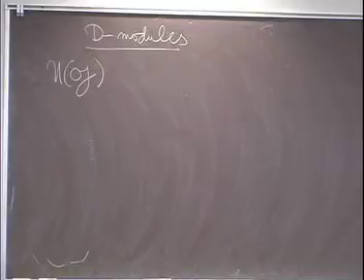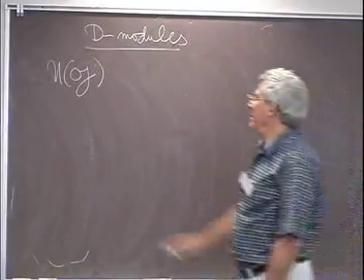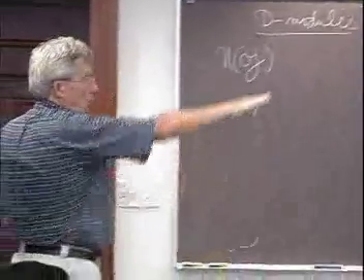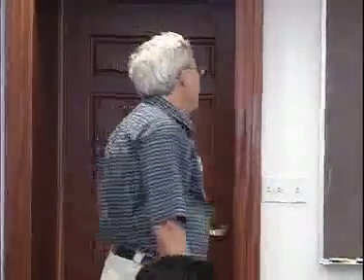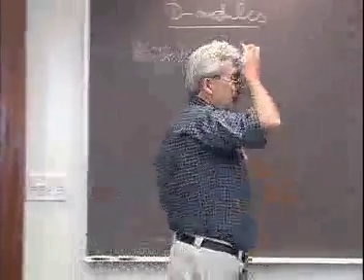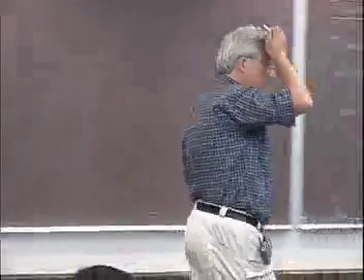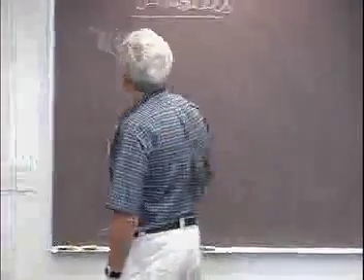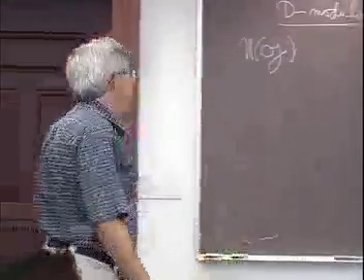We would like to have a geometric model of the enveloping algebra which allows us to do something similar to what we do over there. One cannot do this exactly with the enveloping algebra. There are problems, so we have to quotient out something.